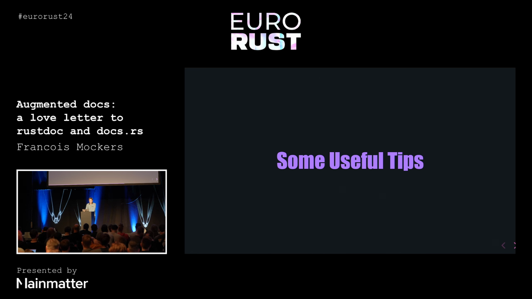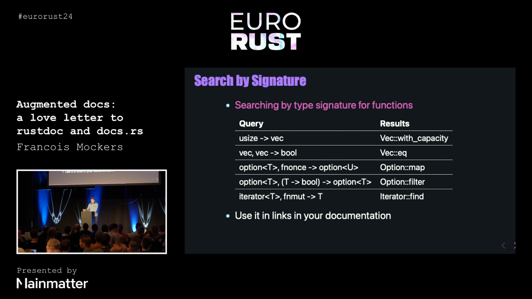So, some useful tips when using the Rust generated documentation that I didn't see a lot of people know about. You can search by signature when searching for an item. So for example, the first one will return every item in the documentation that takes a usize parameter and returns a Vec. For example, Vec::with_capacity. It's very, very powerful.